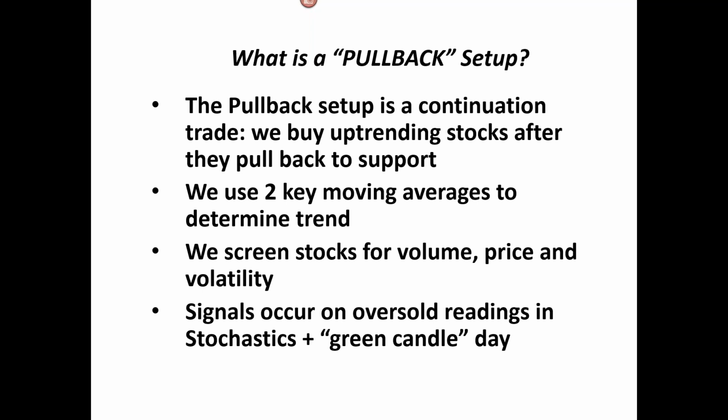By default, stochastics are usually set at 14 periodicity, or 14 days in that look back period, that prior trading range. We're using a shorter term version of stochastics, but either one is fine. And we're looking for stochastics to dip below a specific number, which tells us that the pullback in the uptrend has reached an oversold point.